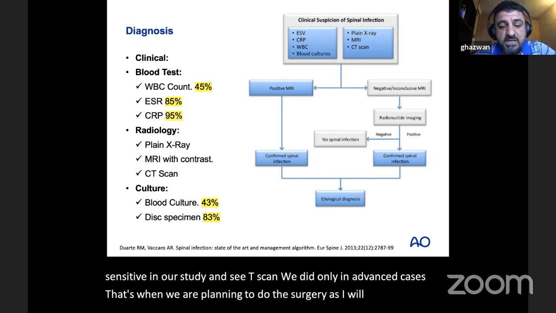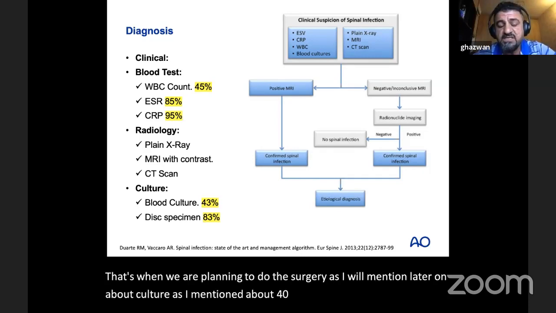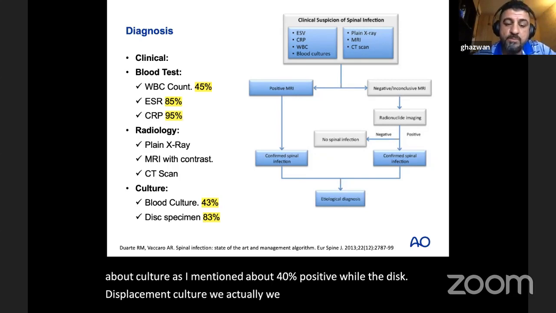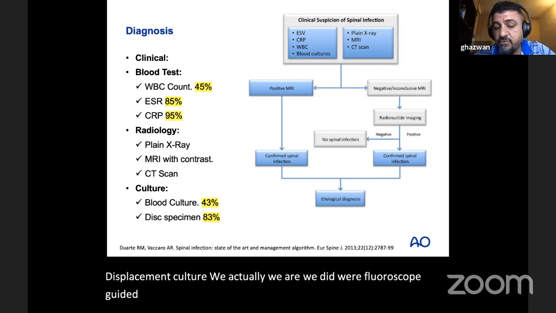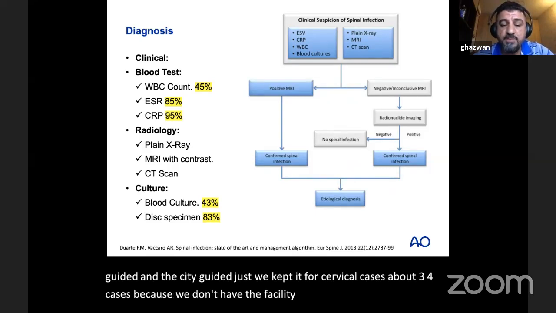Blood culture, as I mentioned, is about 40% positive, while for the disc specimen culture we did fluoroscopy-guided and CT-guided biopsies. We kept CT-guided for cervical cases, about 3 to 4 cases, because we don't have the facility to do CT-guided, so we send the patient to another city other than Baghdad.